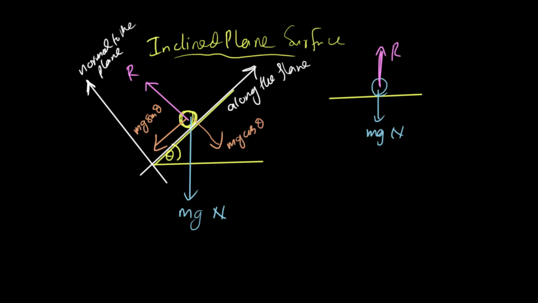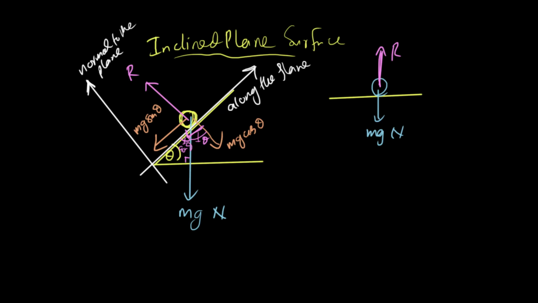Now, why is this happening? If you take a look at the angles, you would see this is 90 degrees and this is also 90 degrees. So if this is 90 degrees and this angle is theta, this angle is going to be 90 minus theta. And since this is 90 degrees, this other angle is going to be 90 minus theta, so this also becomes theta.